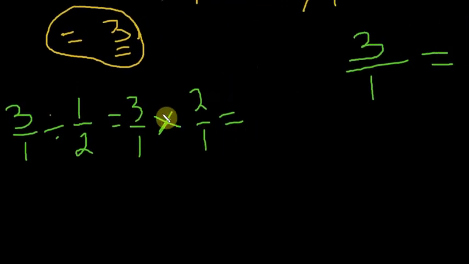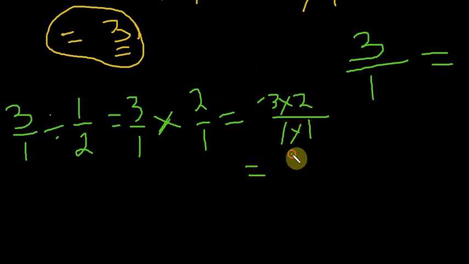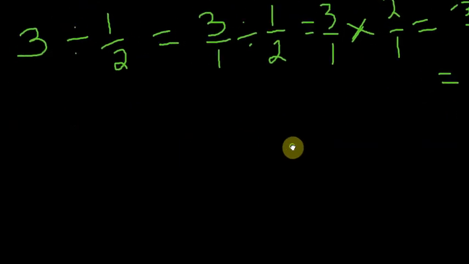So there we go. Numerator times numerator, 3 times 2, and denominator times denominator, 1 times 1, gives us 6 over 1, which is the same thing as 6. So there we go.